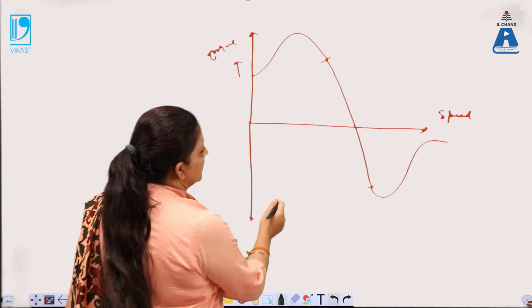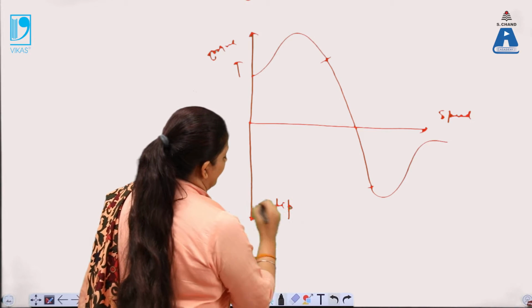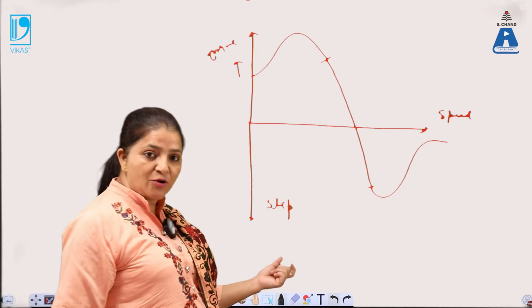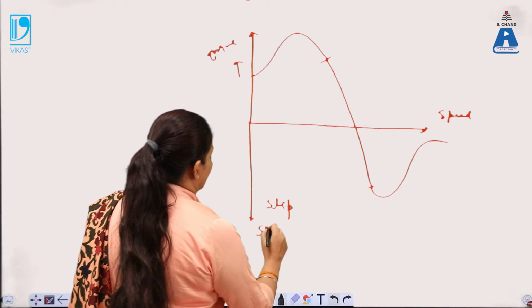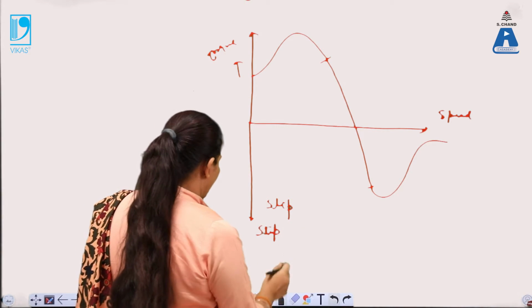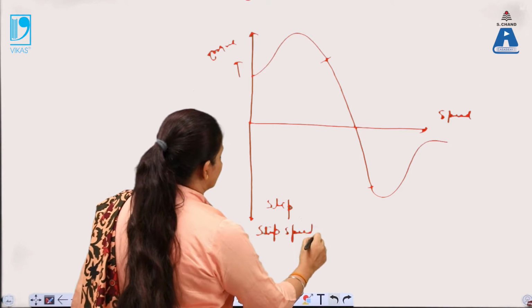Now you can clearly see here slip. We will define some of the parameters over here. One is the slip and the second one is the slip speed. How can that be calculated? Now the slip speed and slip, how can we calculate all these parameters?